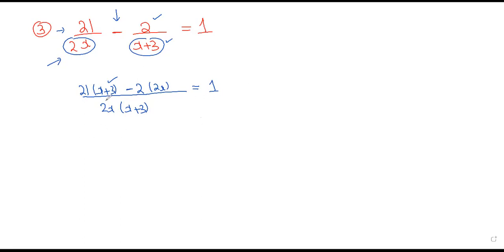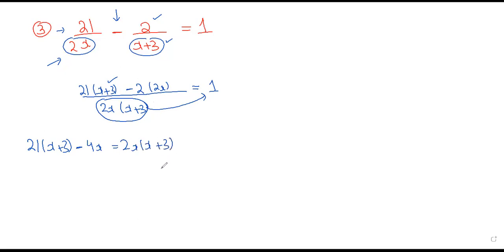Now I will simplify. I am going to take this entire thing on the right side. So it would give me 21 times (x plus 3) minus 4x equals 2x into (x plus 3).